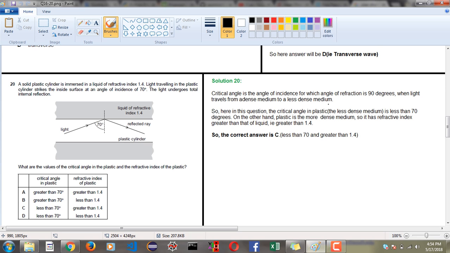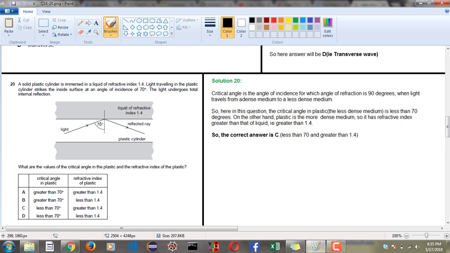And if the angle of incidence is greater than the critical angle, then we will have total internal reflection, that is the light is reflected back into the same medium. So in this question, the critical angle will be less than 70 degrees because it is getting reflected.